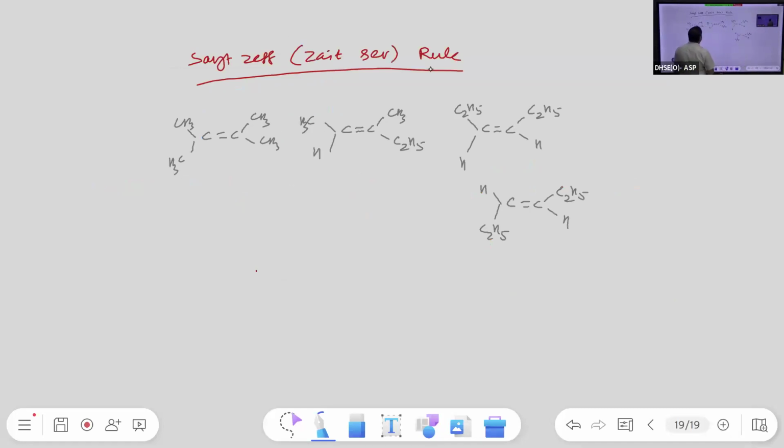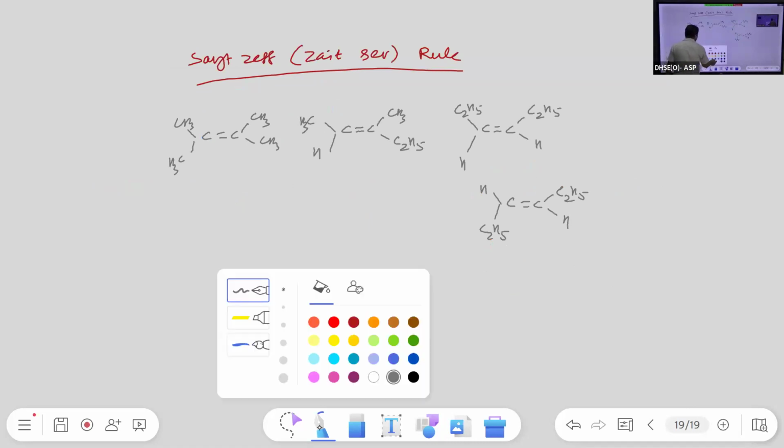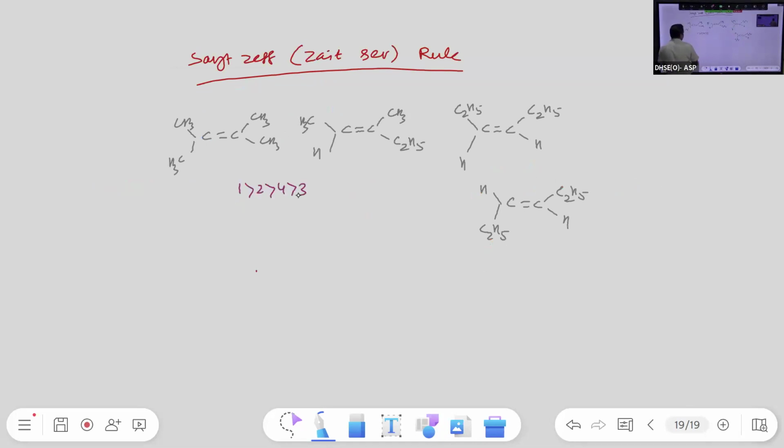Now the answer for the stability order, suppose you are writing 1, 2, 3, 4, is 1, 2, 4, 3. Why? Because the hyperconjugative hydrogens are 12, then 3 plus 3 plus 2, that is 8, and in both the other cases, 4.